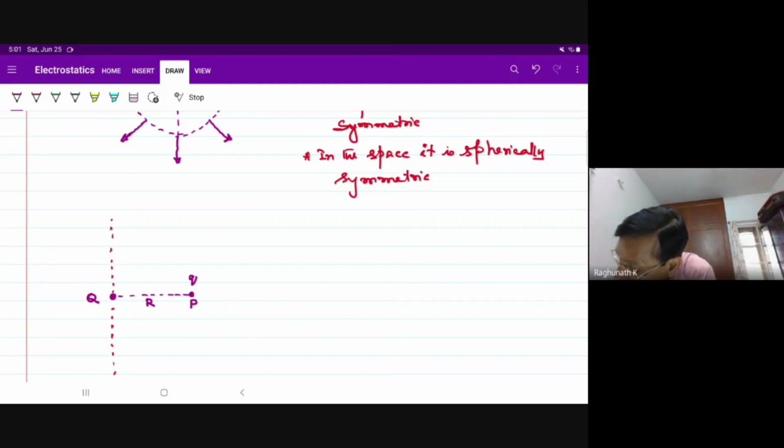There is a small charge Q kept at that point. It experiences a force. You are concentrating, right? And that force, if both charges are positive, I'm considering, is a repulsive force.